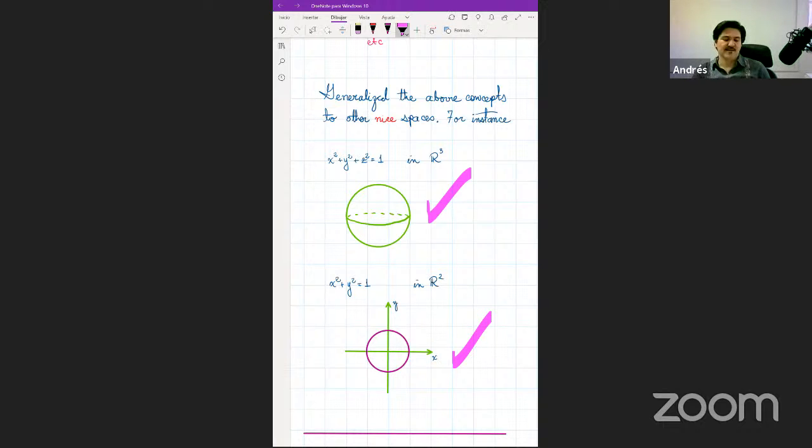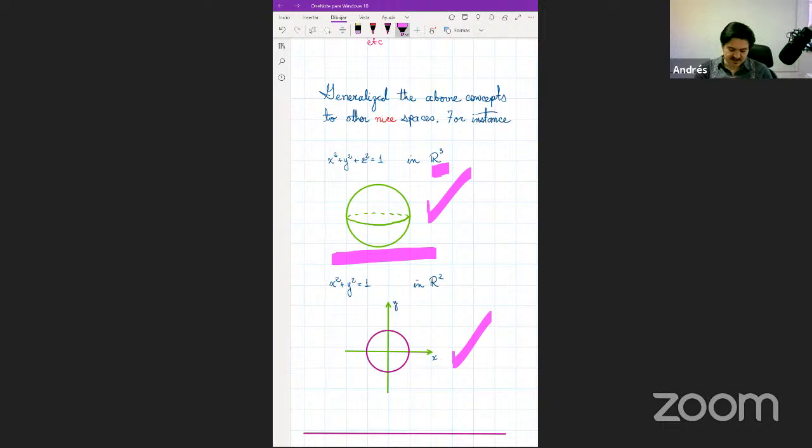Like S2, the two-dimensional sphere, lives in R3. R3 is a topological space. You have seen the topology here. Then this has the induced topology.